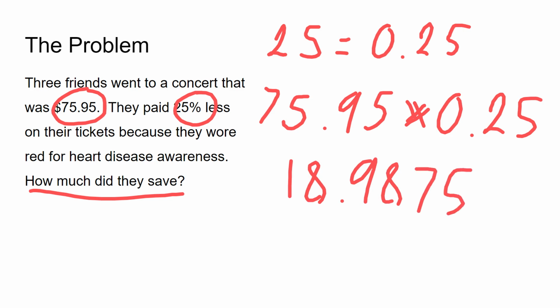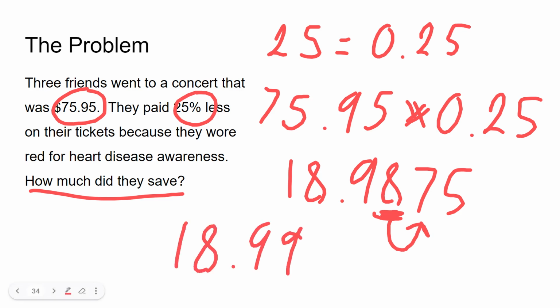This is what popped up in my calculator, but I've got to look to the 10th place, look next door, 5 or more, raise the score. So that 8 is going to turn into a 9. So in reality, it's 18.99. And we're talking about money for concert tickets, so they saved $18.99.